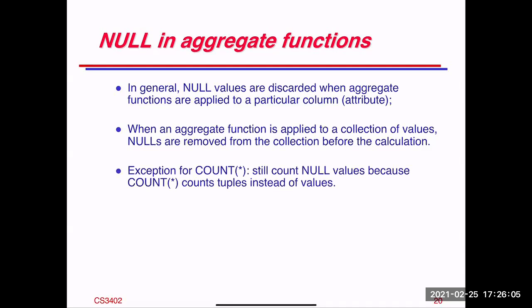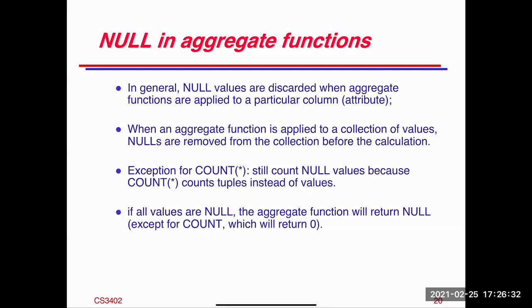Now, an exception to this is the count function. If you use count, then we're still counting the null values, even if the column is null. The reason is that we're counting tuples, and we don't care what values those tuples have when we use count and asterisk.